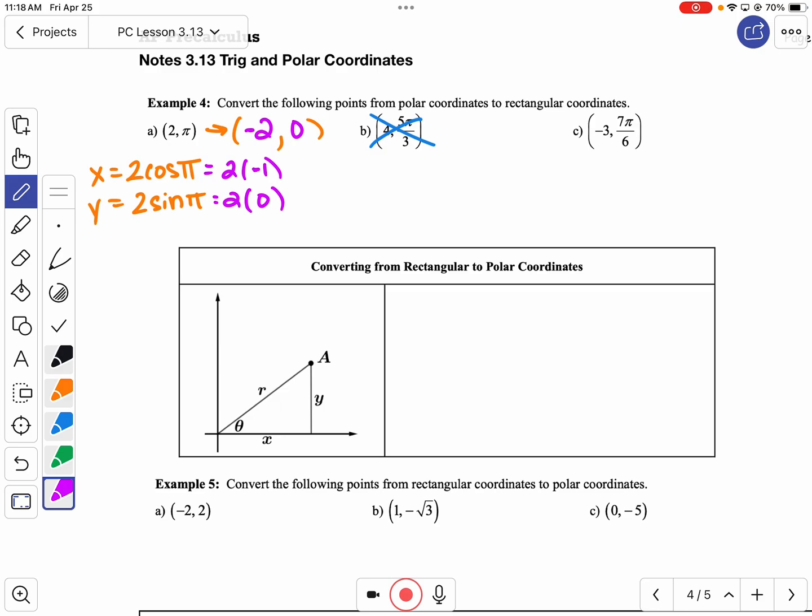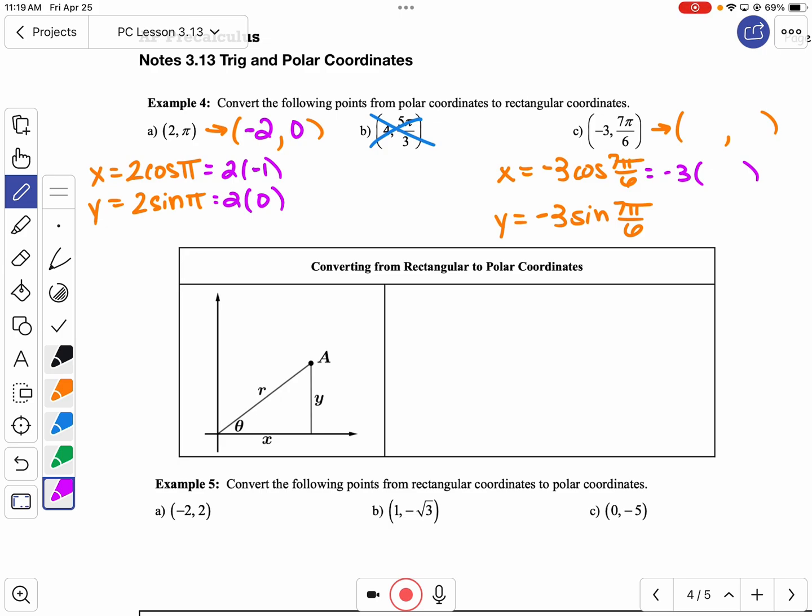All right, let's try the next one. Again, just trying to get this new ordered pair. X is going to equal r, which is -3, cosine of 7 pi over 6. Y is going to equal -3 sine of 7 pi over 6. Which quadrant is 7 pi over 6 going to be in?